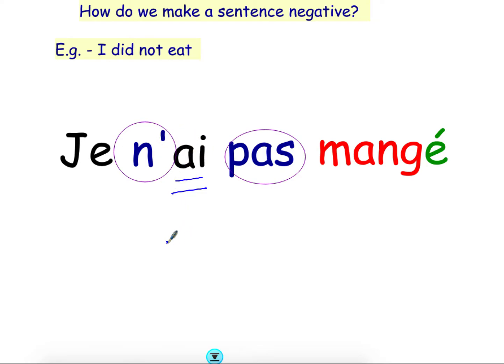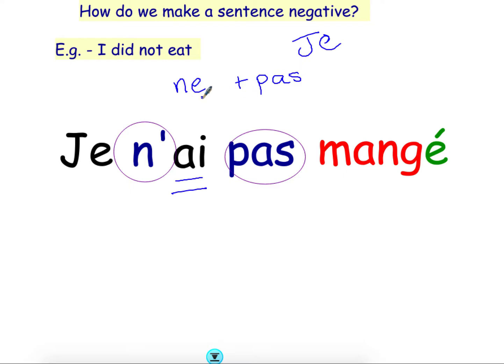Remember earlier when I said we can't have 2 vowels together? We needed to do this. We needed to put a J and an apostrophe. Now this N has come in, so it moves the je over and it gets its E back because N is not a vowel. Okay. However, N is not just part of the negative. So the full part is ne and pas. Okay.